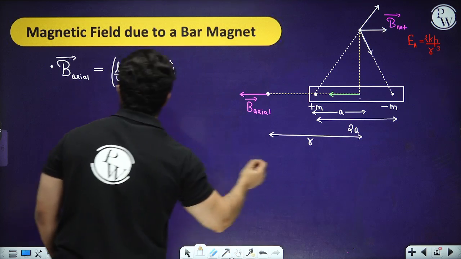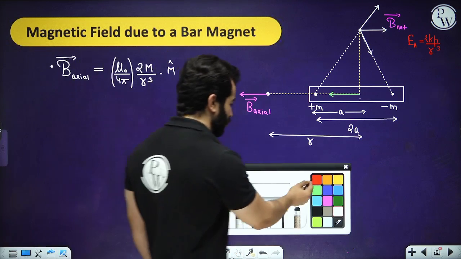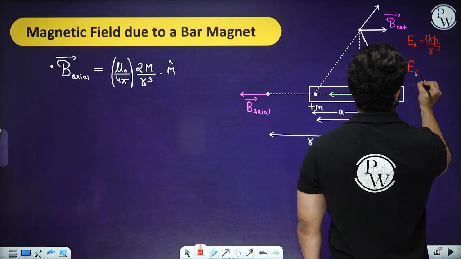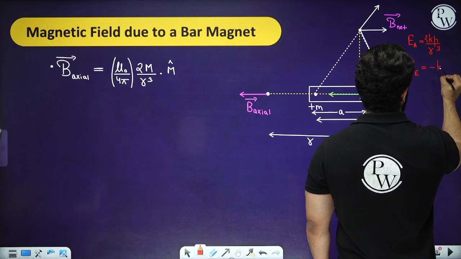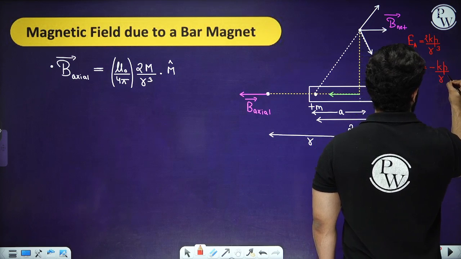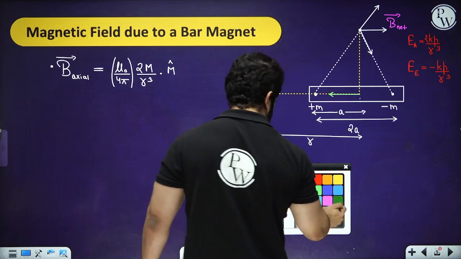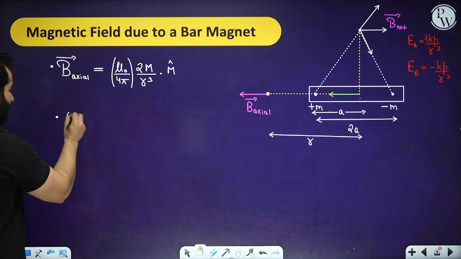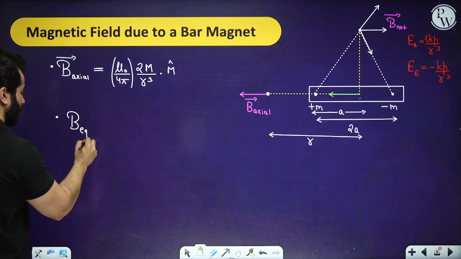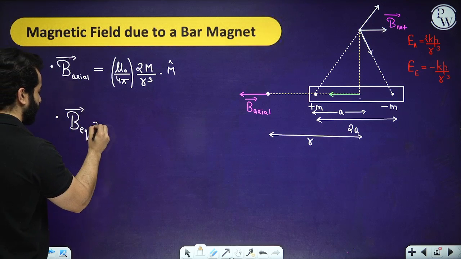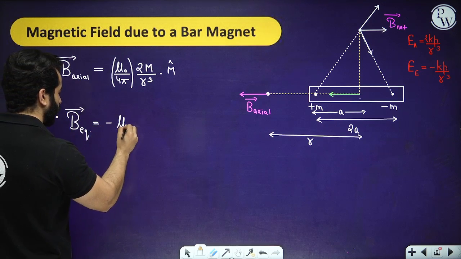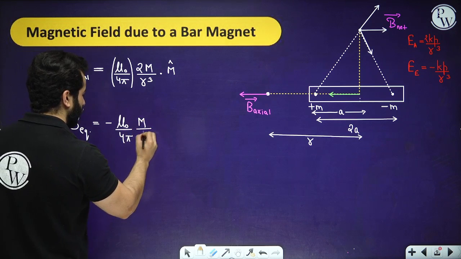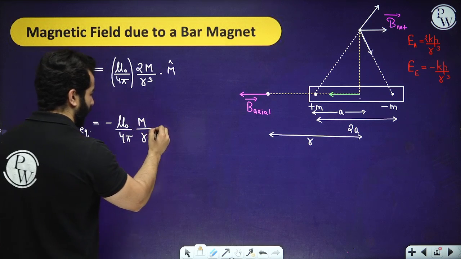And if you also remember, for the equatorial point, the magnetic field was minus Kp upon R cube. So over here also, if you closely see, the magnetic field at an equatorial point will become minus mu naught upon 4 pi, m upon R cube, m cap.